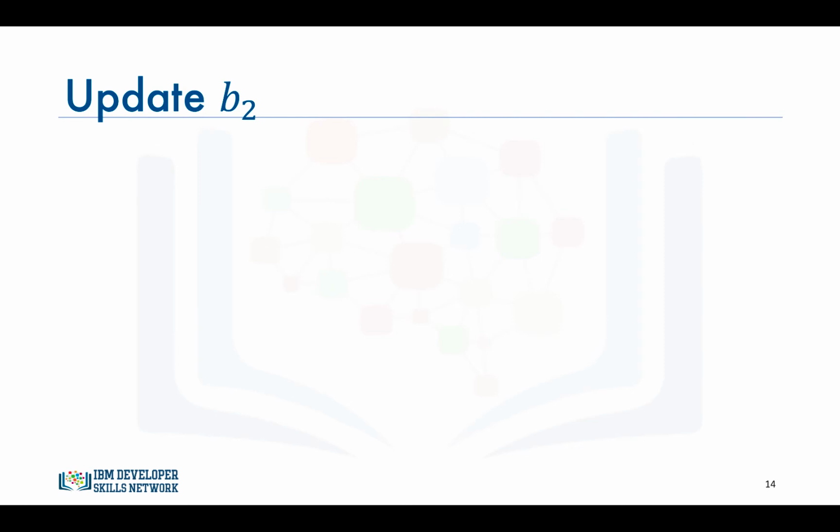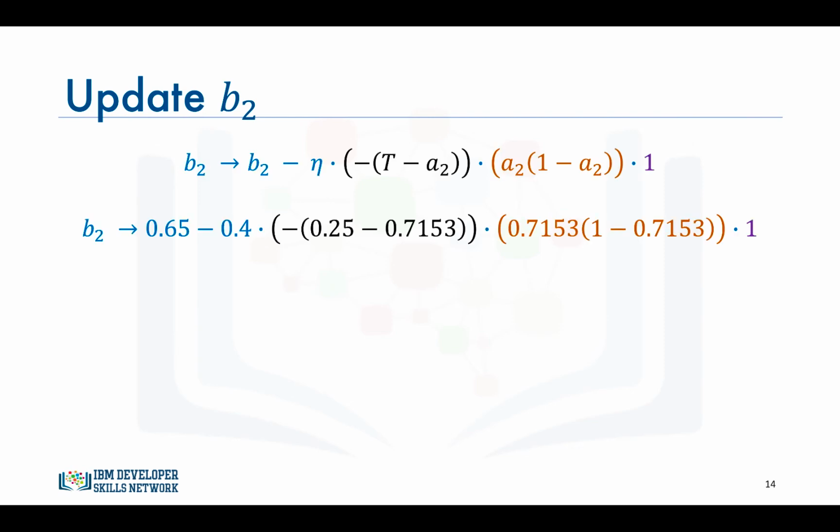We repeat the same thing for B2. We plug in the values of T and A2 to calculate the gradient. The gradient of the error with respect to B2 is 0.0948, and therefore B2 gets updated to 0.612.